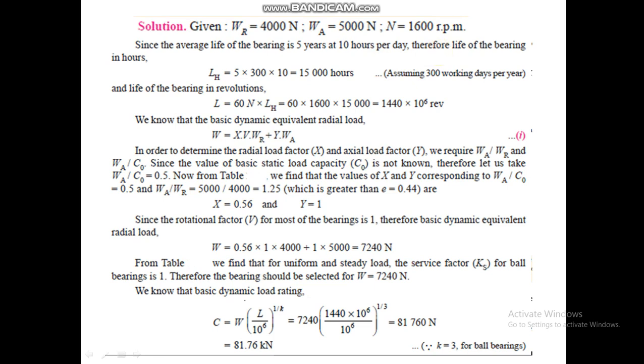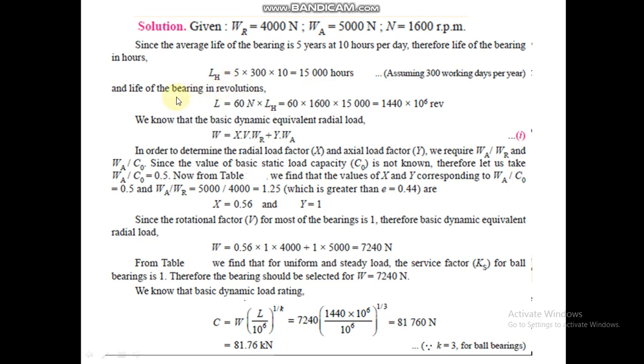Therefore, life of a bearing in hours: if we have 300 working days per year, then 5 into 300 into 10, because it is working at 10 hours per day. So 10 hours per day, total number of days 300, and 5 years. This is the number of hours which represents the life of the bearing. So 15,000 hours is the life of your bearing.